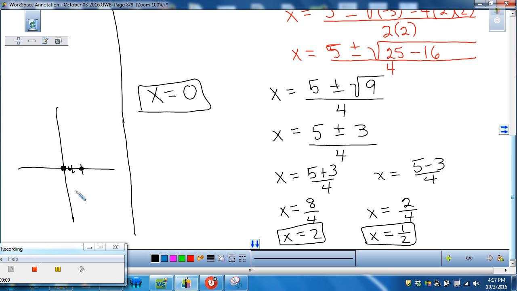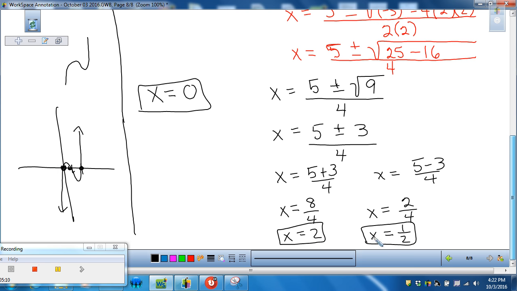And so you could have a pretty good idea. Because this was an x cubed, you know that it's going to be of this shape. And so it would be coming down and coming back up again. It might go a little further down and a little further up, but it's going to be pretty close to that kind of shape. And that's it for the quadratic formula.